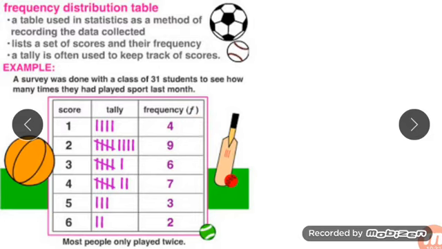After organization of the data, now we have to draw conclusions and interpret the result. So we can say that most people played twice. The number of students who have played twice in the last month is 9. So 9 is the maximum frequency here.